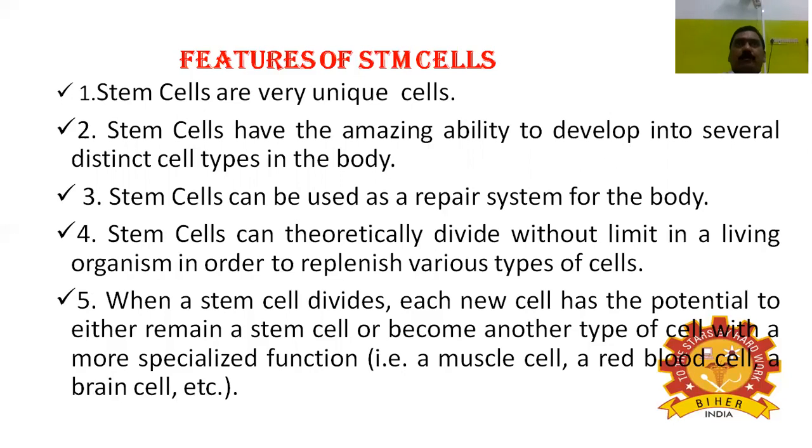Fifth, when a stem cell divides, each new cell has the potential to either remain a stem cell or become another type of cell with a more specialized function, for example, red blood cells, muscle cells, nerve cells, etc.